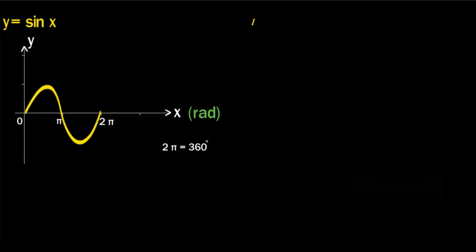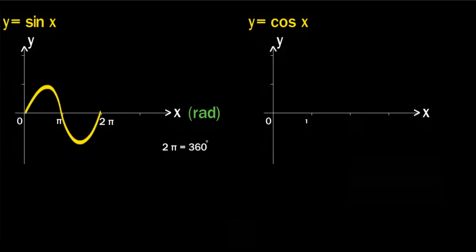Next, we also need to understand how you can draw cosine x. For cosine x, similarly, we first draw out the x-axis and y-axis. And the key data points here are also the same. We draw out 0, pi and 2 pi. So we also need to know that the y value for sine maximum is 1.